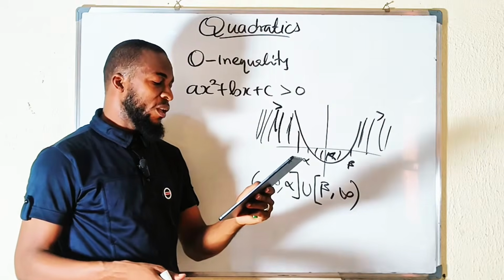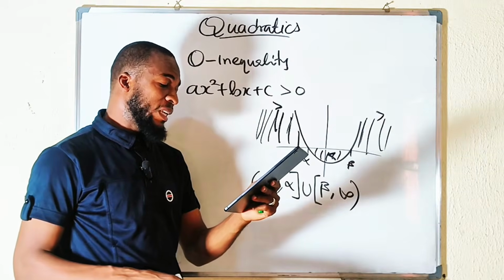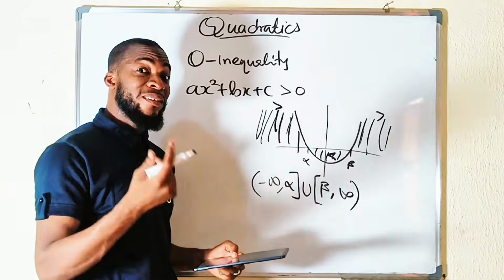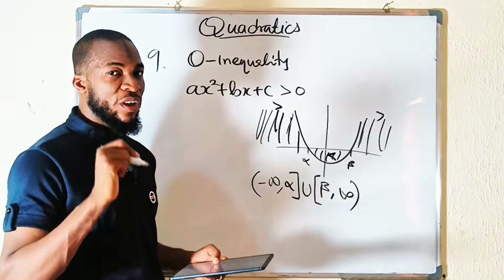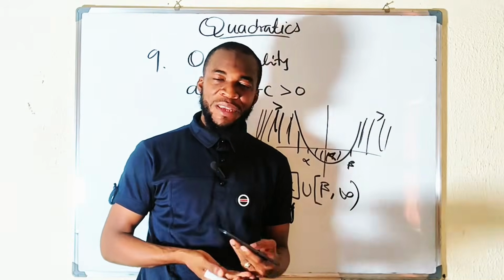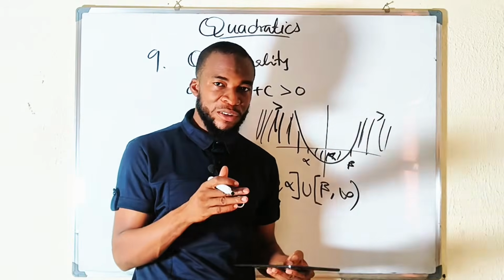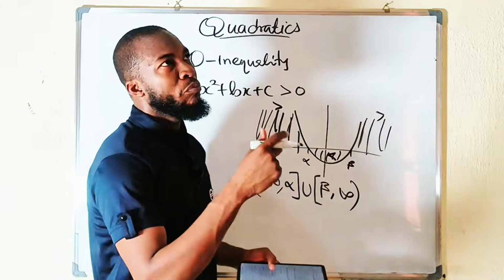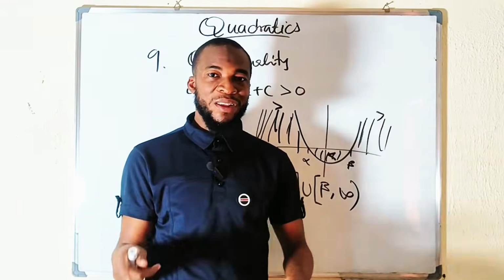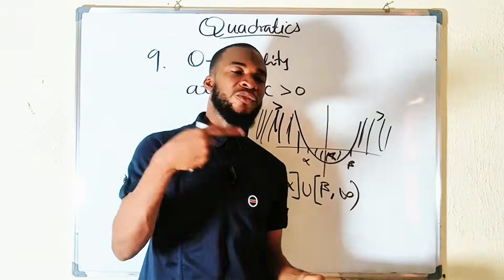Then your students should learn about the solution to systems of linear and quadratic equations. Sometimes you may be given a quadratic equation together with a linear equation to solve simultaneously. You can make one of the variables the subject in the linear equation, substitute it into the quadratic, solve, then substitute back.